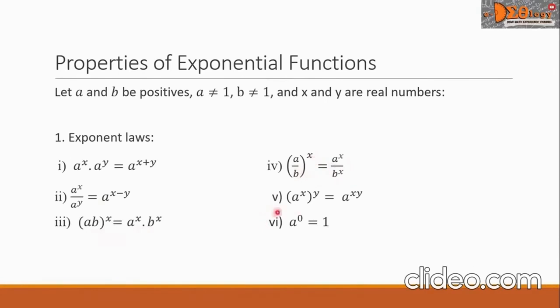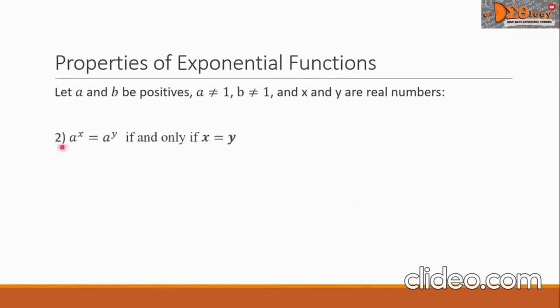Law number 5, a raised to x, and the quantity is raised to y. This is equal to a raised to the product xy. Law number 6, a raised to 0 equals 1. Property number 2 is a raised to x equals a raised to y if and only if x equals y.